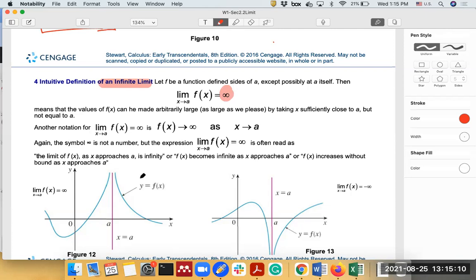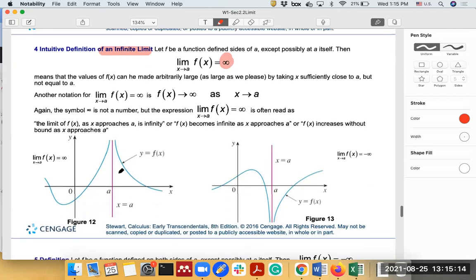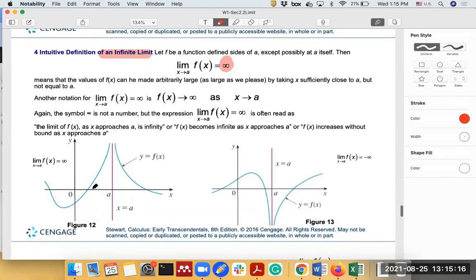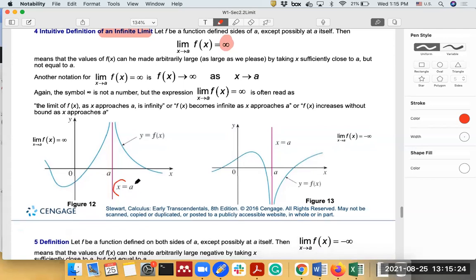But the idea is the same. For example, look at this graph. Suppose x is equal to a, then this is the graph of the function x equals a. It means it is a vertical line. Any point belonging to this line takes the value of x as a, right?